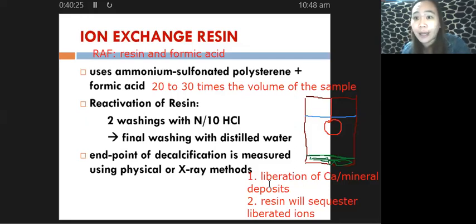It does not react with the liberated calcium ions, and so it is not being used up.